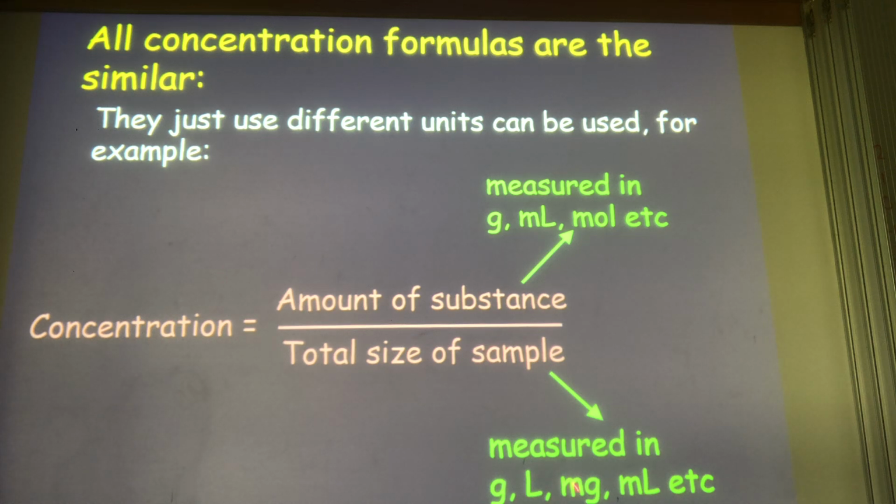If the sample is a solid, often it will be grams or milligrams that we measure it as. If the sample is a solution, it's liquid, then litres and mils, etc. are the common units. Note that the sample is always going to be a mixture. So it's impossible to measure the moles of the sample because that doesn't make sense. You can't work out the moles if it's a mixture.